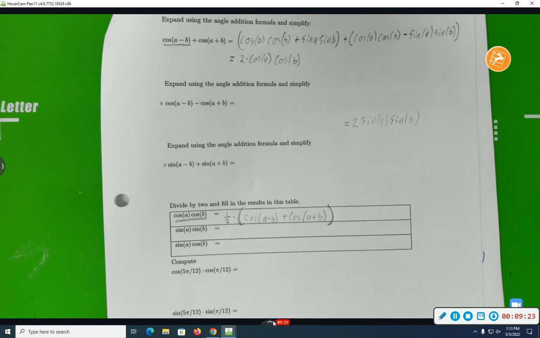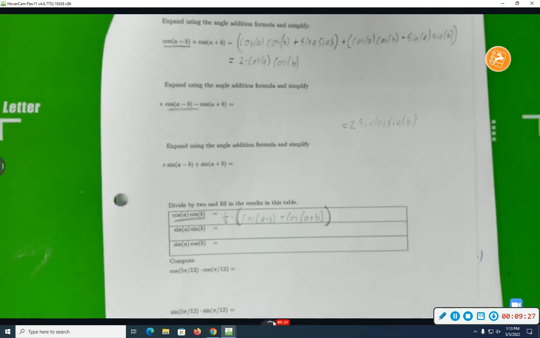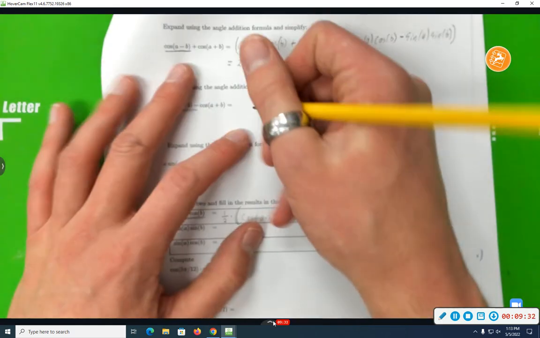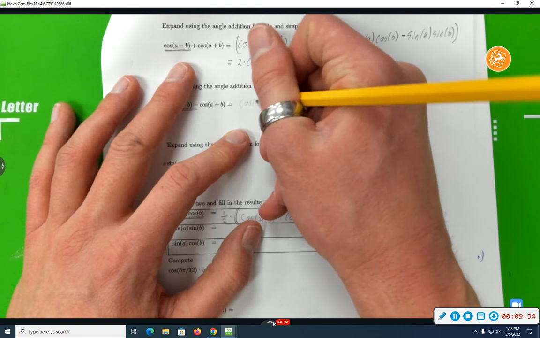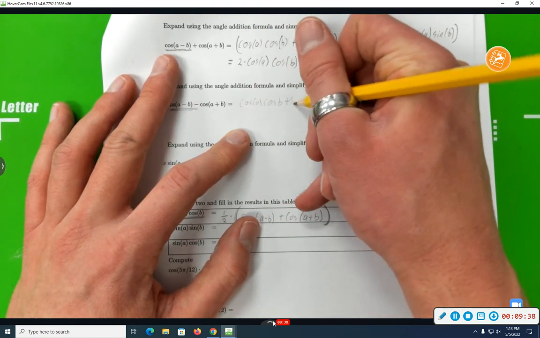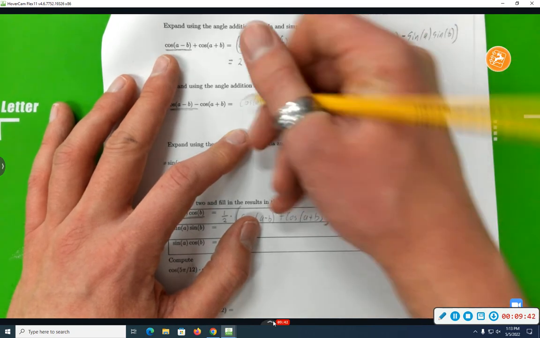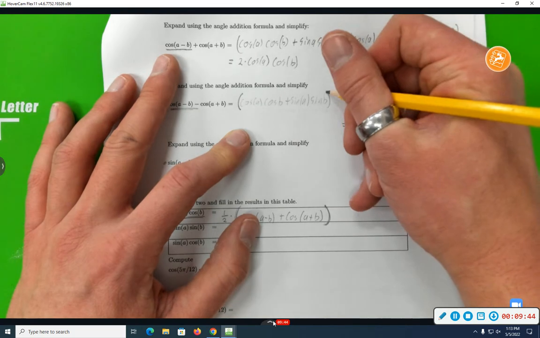So, I guess first things first. What's the cosine of a minus b? Cosine a cosine b plus sine a sine b, and I'll put parentheses for emphasis.